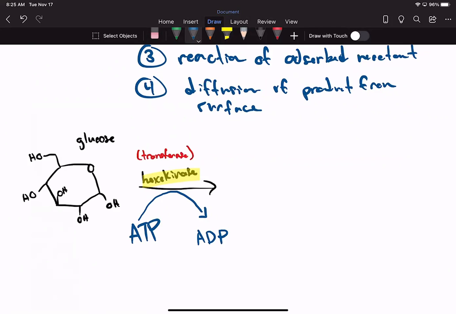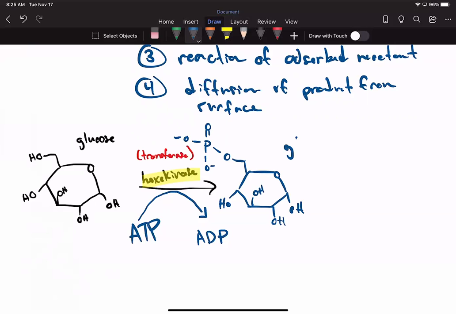So one of these phosphates has been removed and we actually get our finished product. We get here, this would be glucose 6 phosphate.